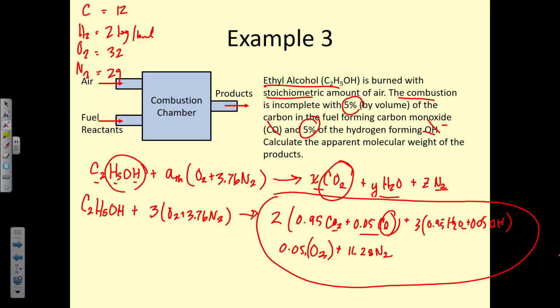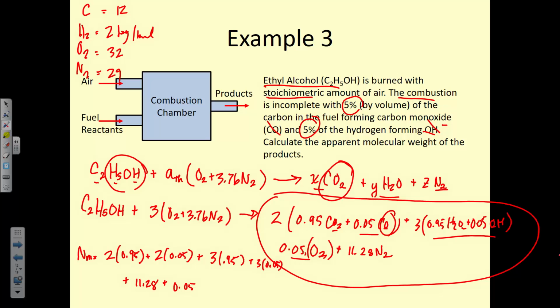So if we look at our equation, maybe I'll do that on this slide so you can see. So of the products, we have the total number of moles is equal to 2 times 0.95 plus 2 times 0.05 plus 3 times 0.95 plus 3 times 0.05, so we're right here now, plus 11.28 plus 0.05.